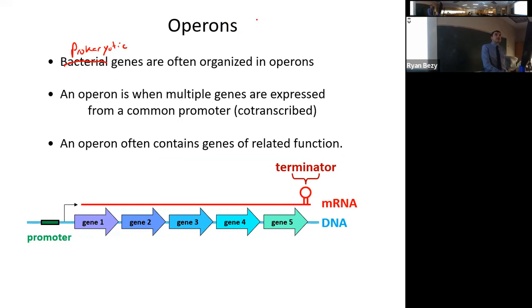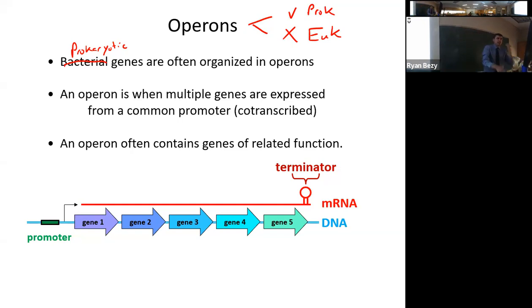By the way, this is something that prokaryotes have, but eukaryotes typically do not. Eukaryotes typically do not use operon genetic organizations. So prokaryotic genes are often organized into operons, usually not eukaryotic genes. But an operon is when you have multiple genes being expressed from one common promoter. Another way to say that is genes are being co-transcribed.